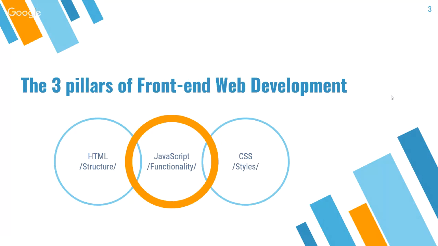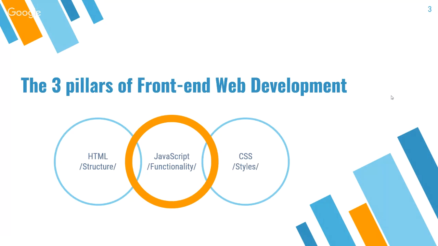So the foundations, the walls, all of that. CSS provides the styling. So you can think that it is, I don't know, the paint or the layout of the house, how many stories it has, and something like that. So it provides the more visual part of the website.